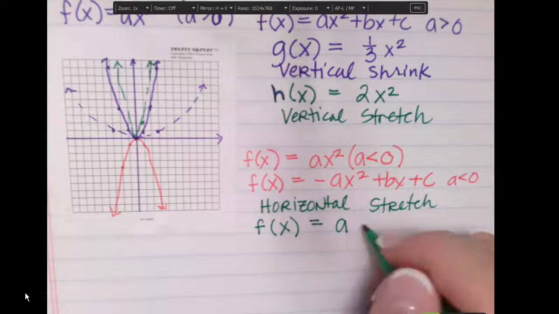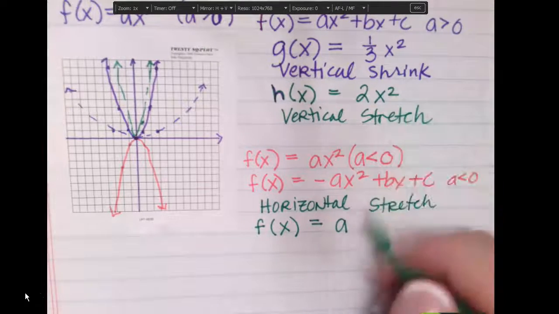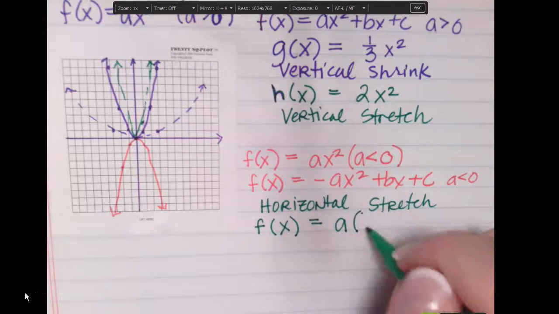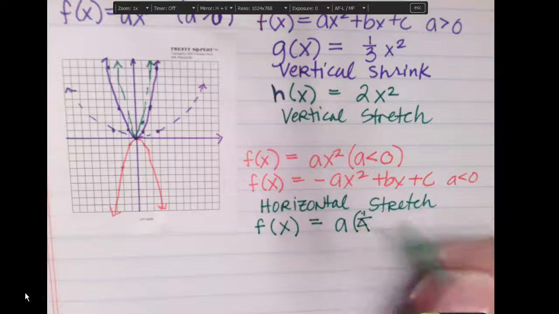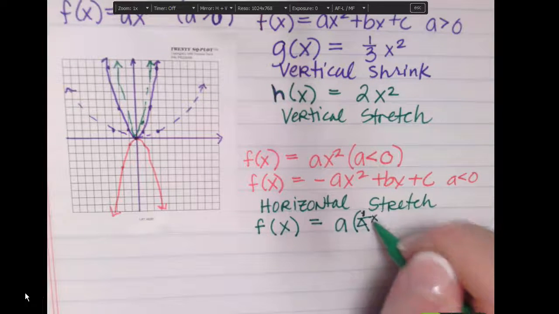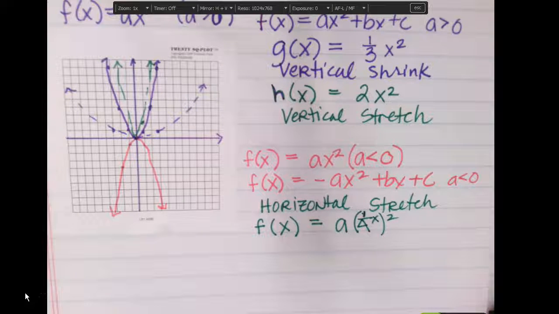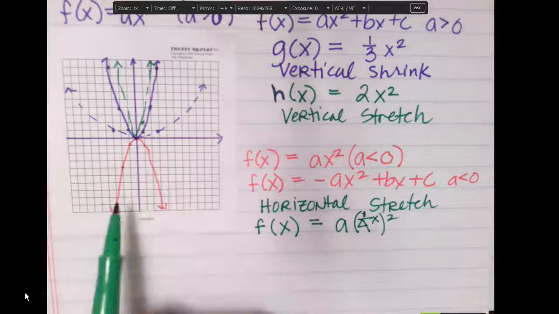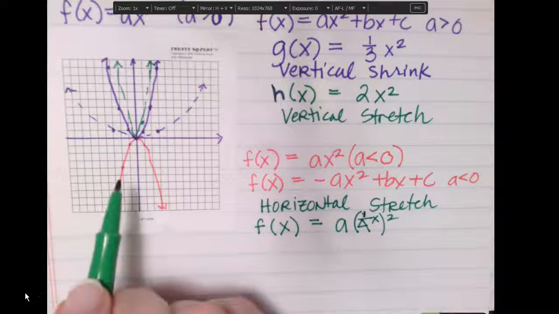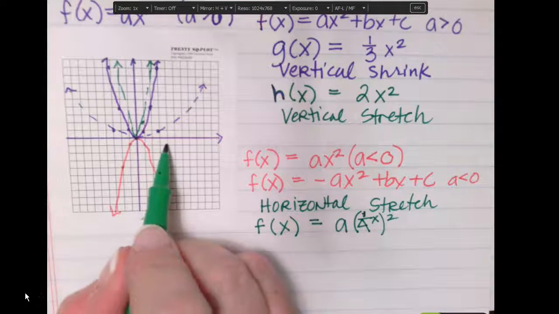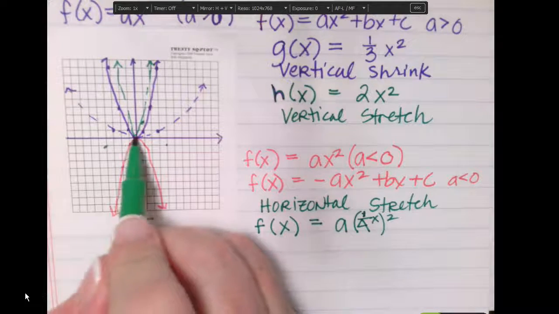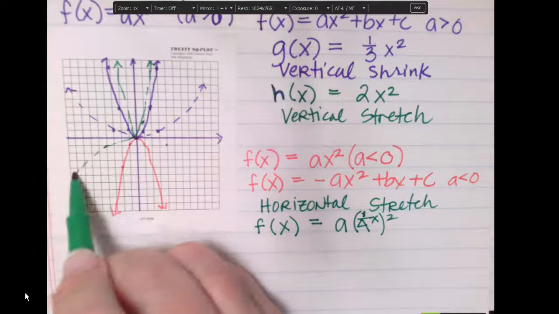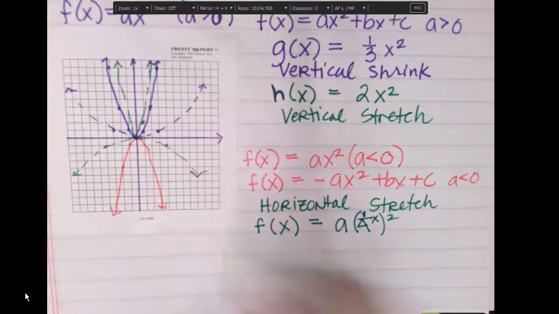And then to do a horizontal stretch, well, then that would be at some fraction, 1/4, say, 1/4 x squared. So I would have to take x and multiply it by 4 to get it to be 1 unit down. So there would be my horizontal stretch. It would go out wider.